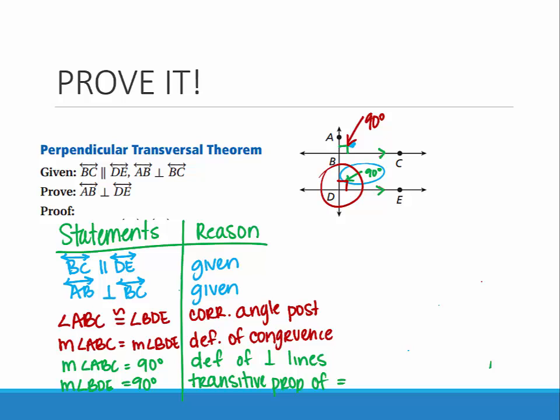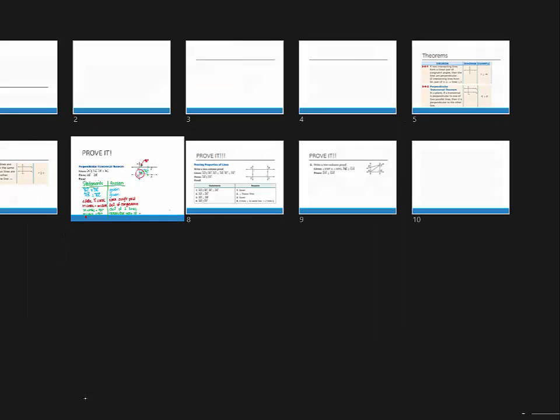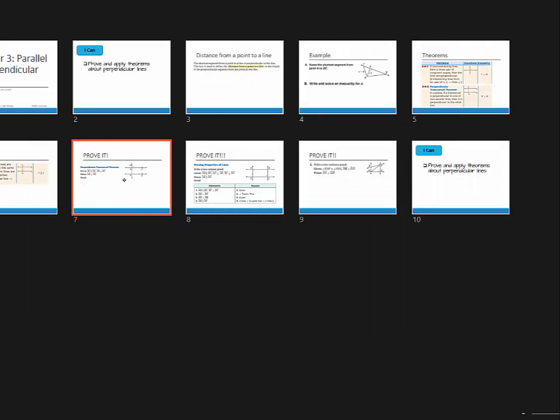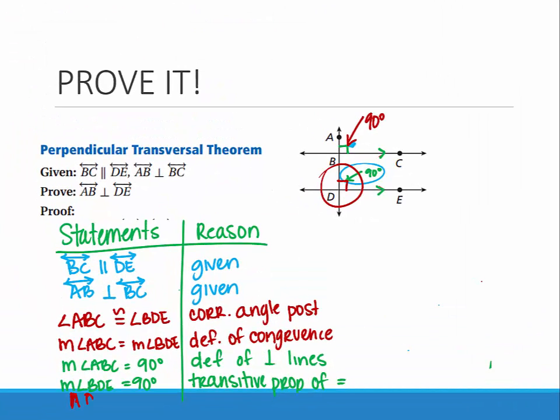So we know that AD is perpendicular to DE, and that's based on the definition of perpendicular lines. And that's it.